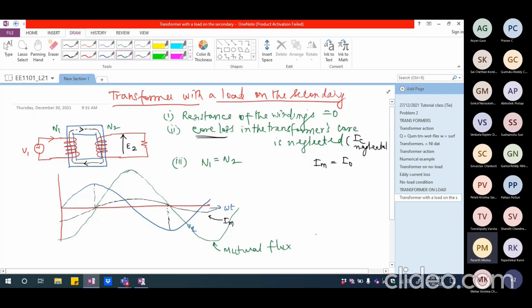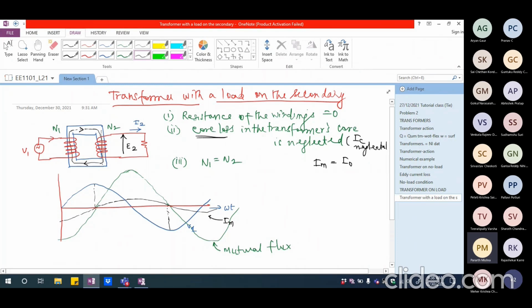Now, once I connect the load, as we spoke earlier, I'm going to have a current I2 flowing through the load. This I2 will set up a flux in the core. If it is allowed to set up a flux, it will do so in such a manner that it is exactly opposite to the original flux.